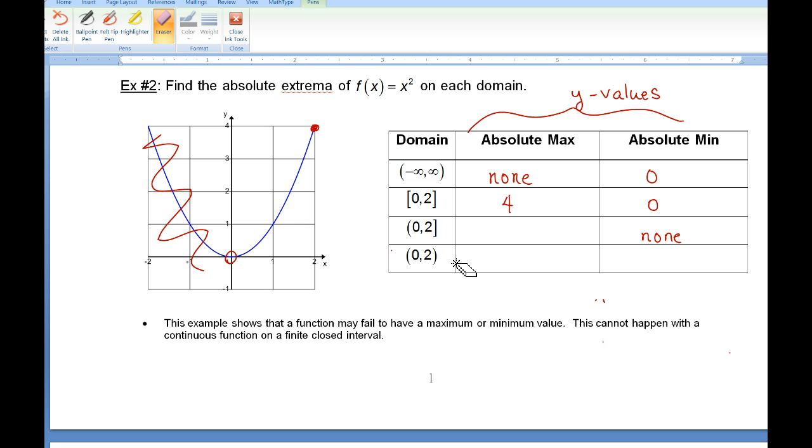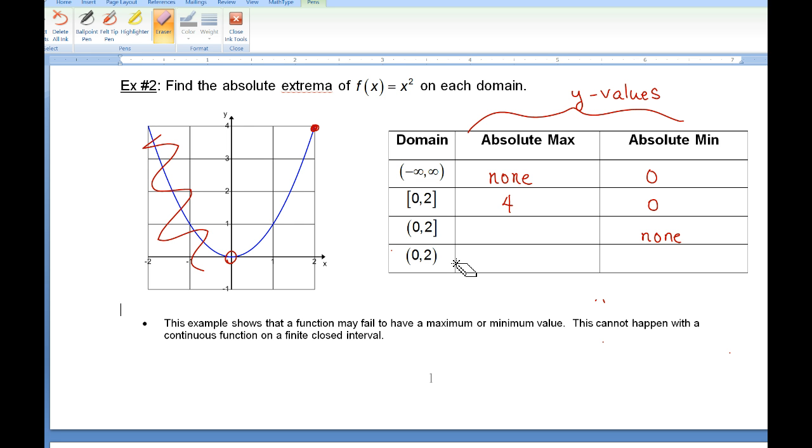Remember, these have to be real numbers. If you give me something like 0 plus, that doesn't mean anything to me in terms of a real number. It has to be 0, or it has to be not 0. Since this doesn't actually reach 0, you might say 0.1, but could I find something closer? 0.01, 0.001, 0.0001.